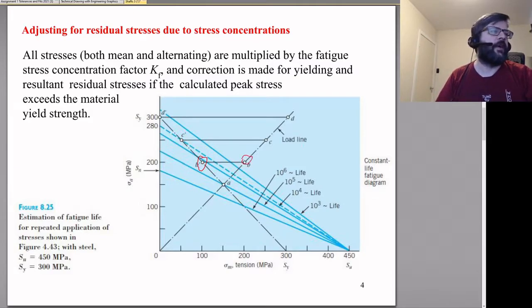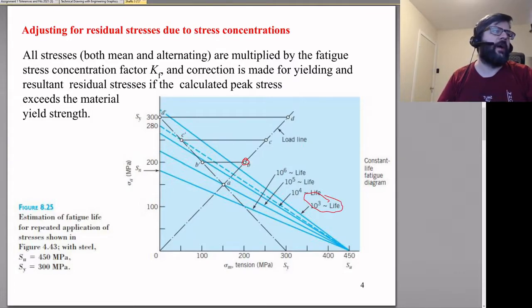So, for example, here they plotted the different lines corresponding to different SNs for different lifespans. For the original calculation for B, that's past the 10 to the 3 line here.